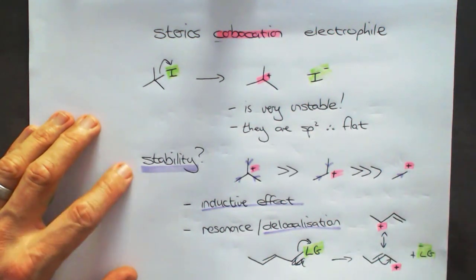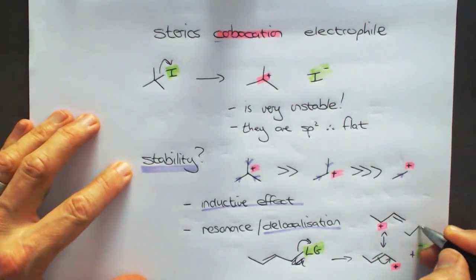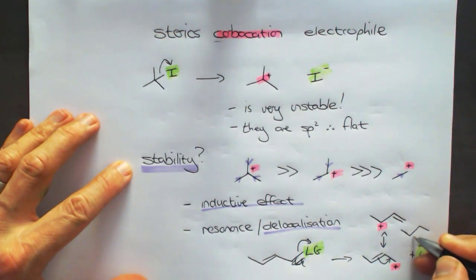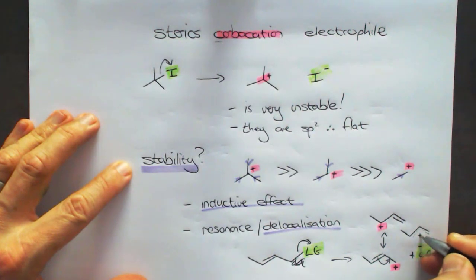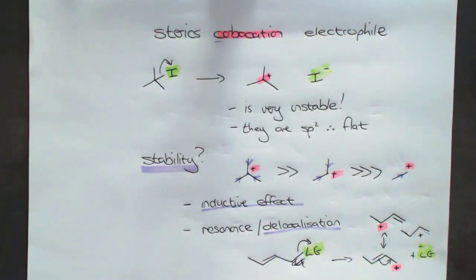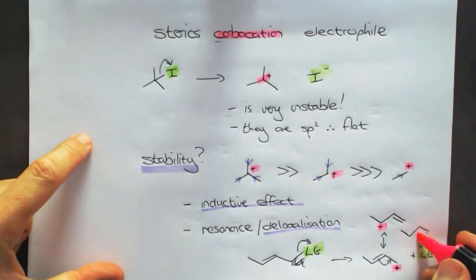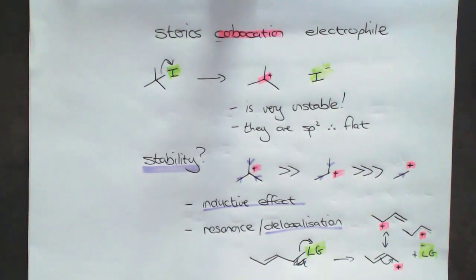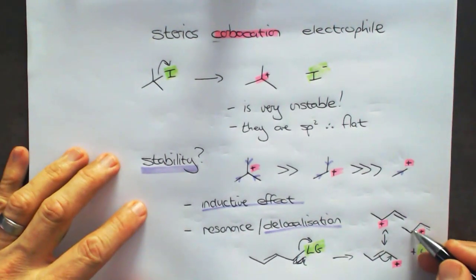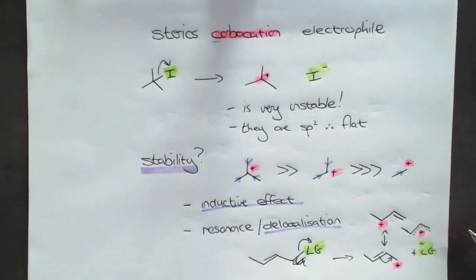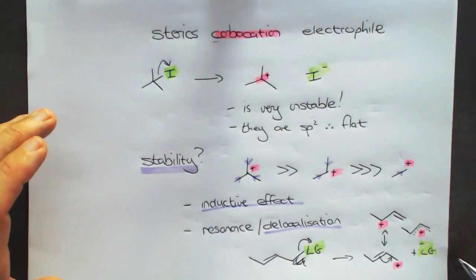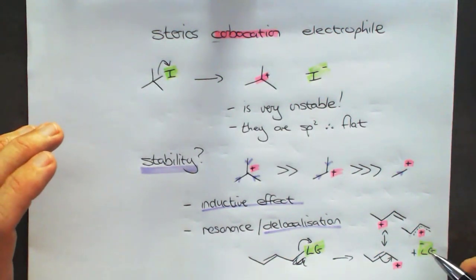The picture is actually something that looks, I'll just squeeze it in a bit over here, like a picture where the positive charge is delocalized over that whole system and would look something like that over there. It's somewhere over this whole system, located somewhere between this carbon and somewhere between this carbon over there. And that is delocalization. That's going to be really important when we start looking at products and how these things happen.